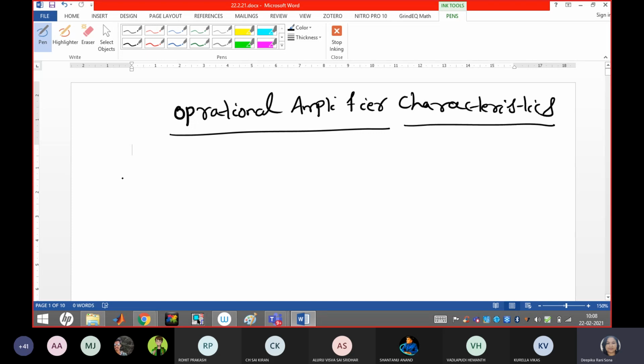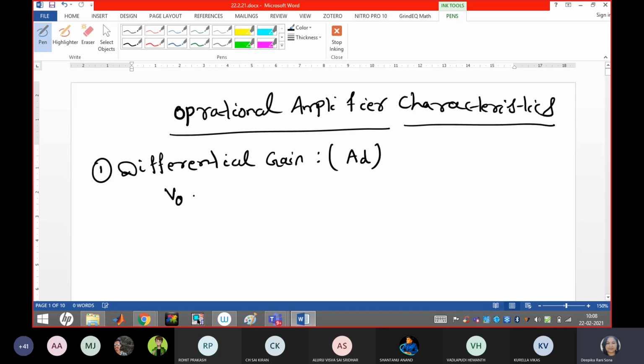Guys, the first characteristic is differential gain, and it is represented as AD. So if I am writing the V0 equation for the operational amplifier with respect to AD, it will be AD into V1 minus V2.